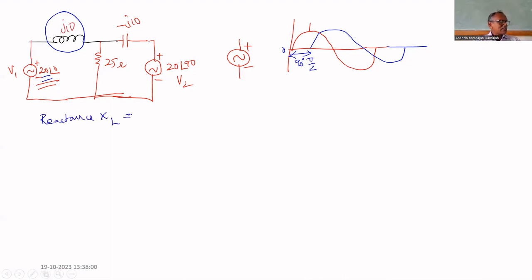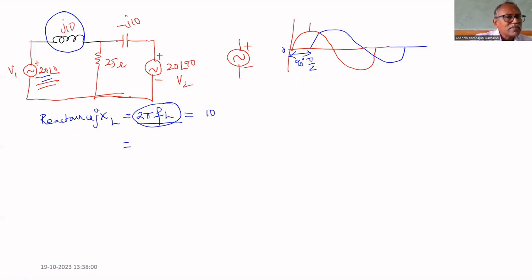That reactance is a function of frequency and inductance L. It is 2 pi FL. This is XL, the reactance, and its value is 10.